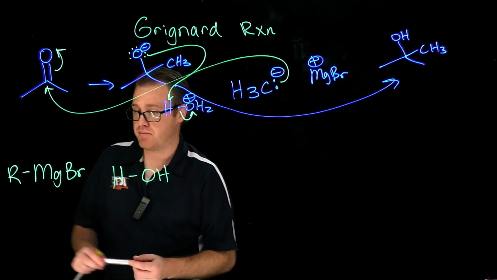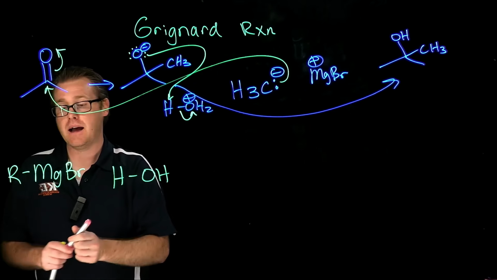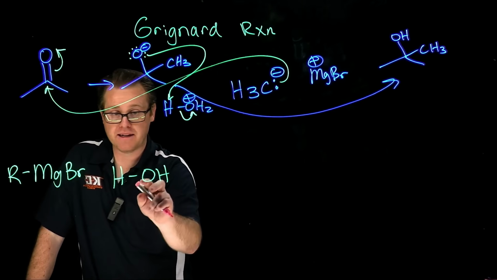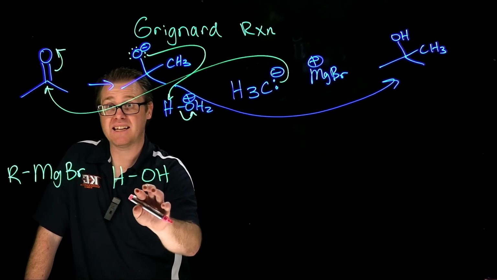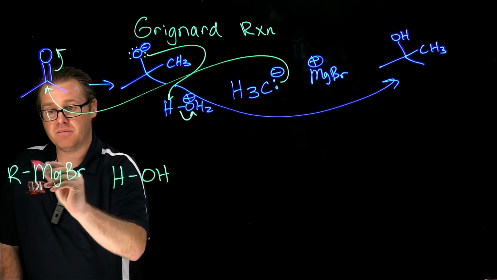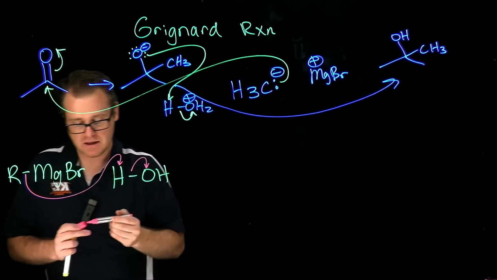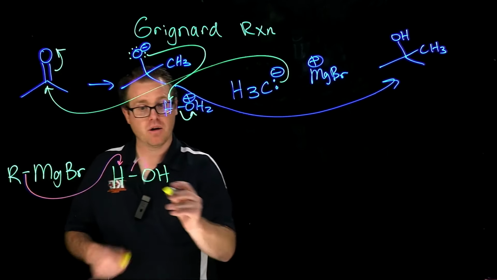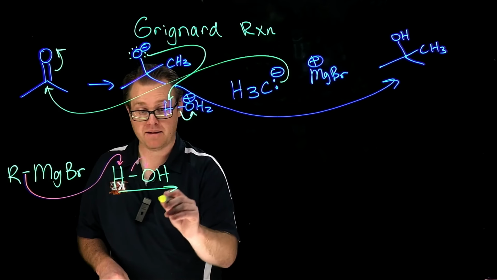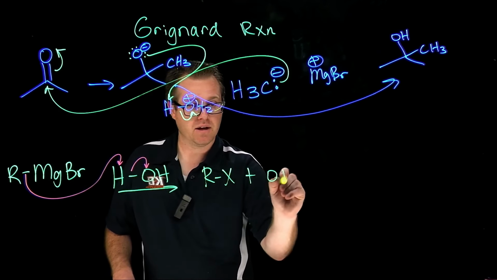But in this particular scenario, the Grignard is going to be a stronger base than water. So water is going to behave as an acid. And so this carbon-magnesium bond is going to behave like a base and deprotonate water really rapidly and generate R-H plus our hydroxide.